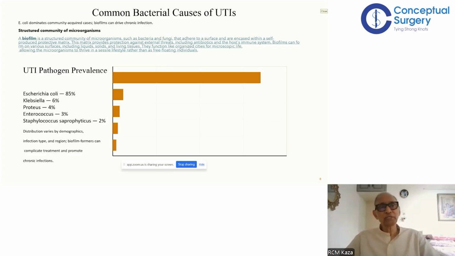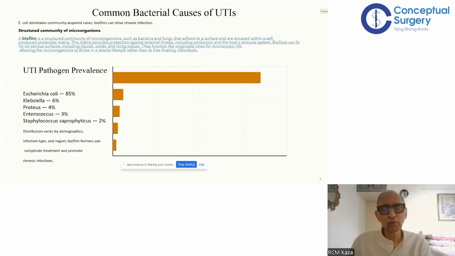That means they are protecting themselves from action by any kind of external threat, like antibiotics, and also the host immune system, and this is the worst part. These are called biofilms. They can form on any surface.